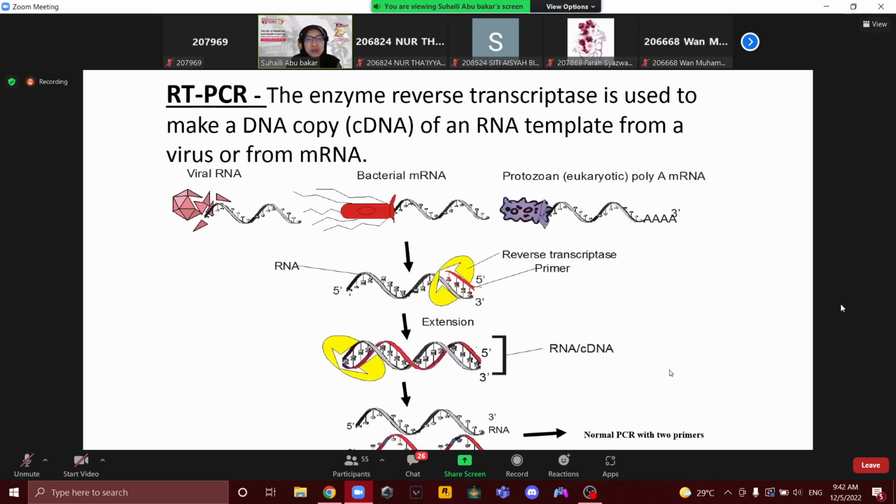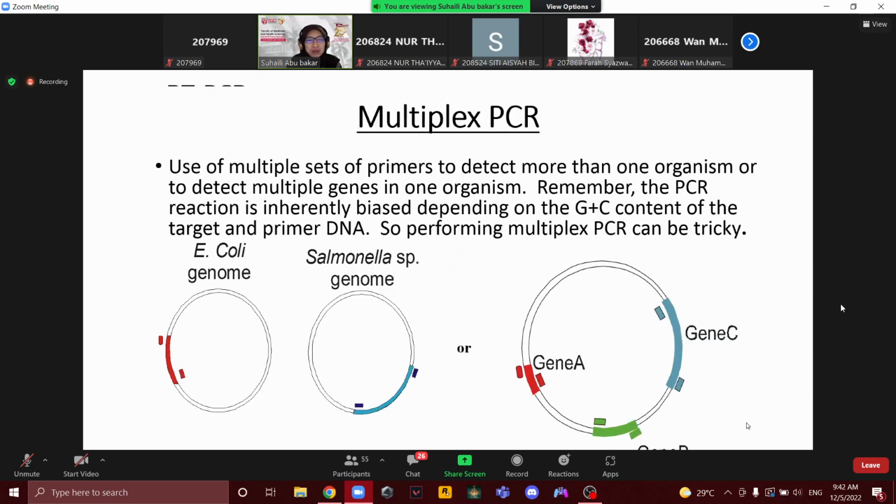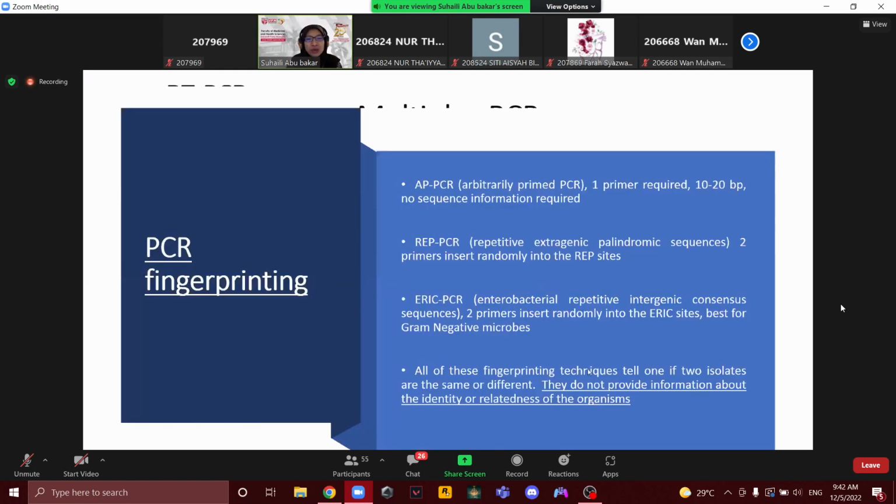Reverse transcriptase is common. If you don't know this, it means I probably did not share good knowledge with you. If you don't know this one, still okay. If you know this, it indicates that you read a lot.